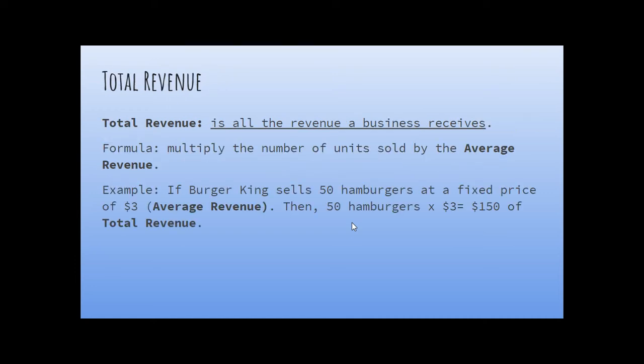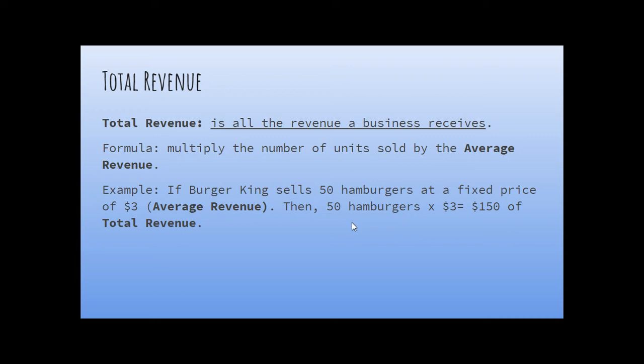All right, so your total revenue is all the revenue a business receives. The formula is to multiply the number of units sold by the average revenue. Let me give an example on the board. We'll keep going with McDonald's.